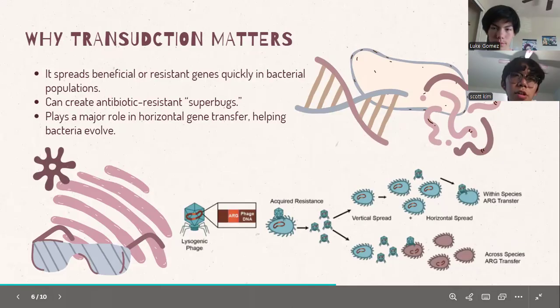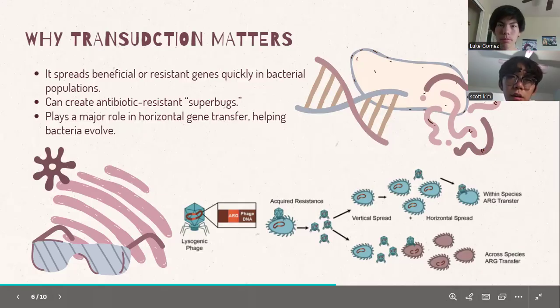This image at the bottom shows how a lysogenic phage can carry antibiotic resistance genes and spread them between bacteria. First, the virus inserts the resistance gene into the bacterium, and the cell now acquires resistance. From there, the gene spreads in two different ways: vertically, to offspring, and horizontally, where the phage transfers the genes to other bacteria.